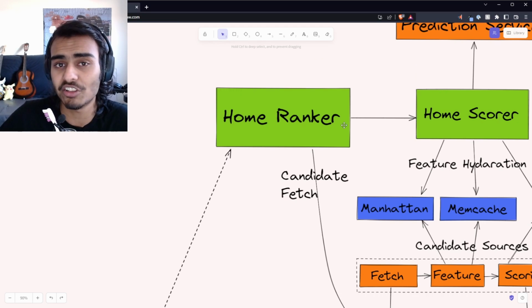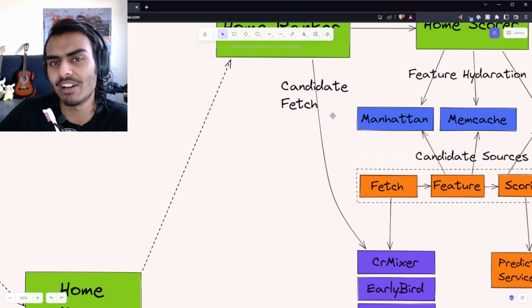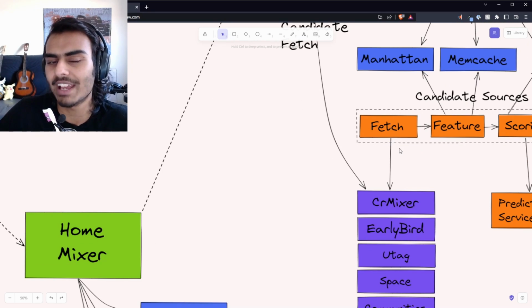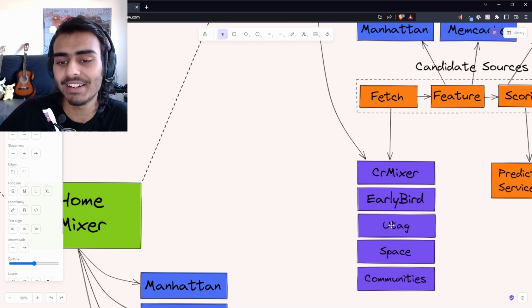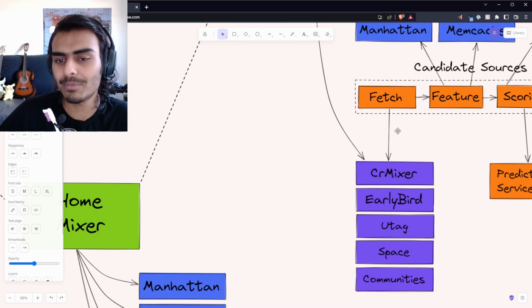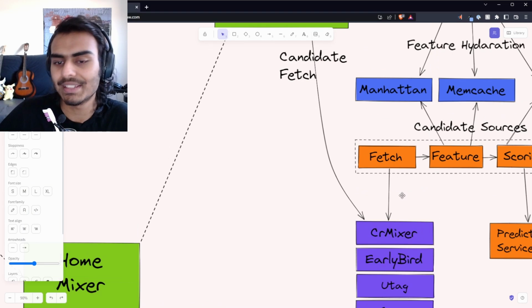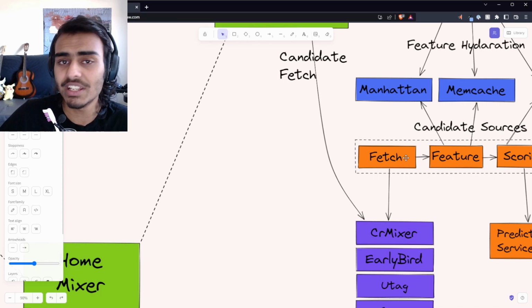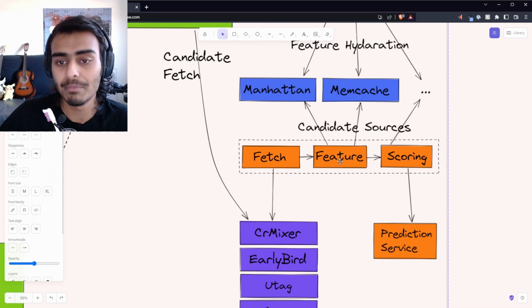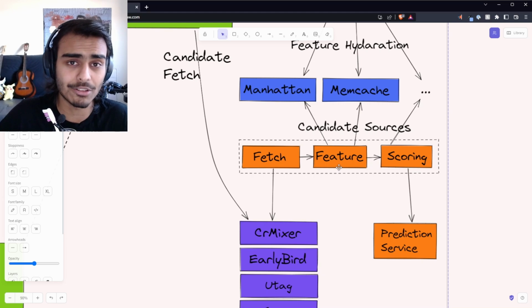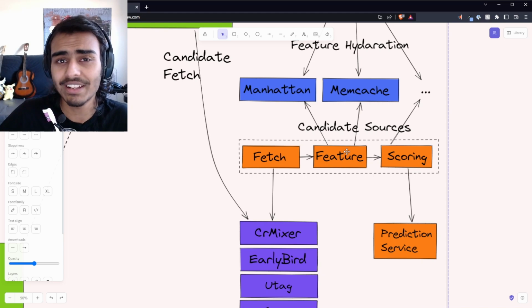Now, to achieve this mission, the home ranker first comes down to fetch a list of candidates. To do that, it requires some help of its fellow candidate generation services. So it comes down here, it enlists the help of its services, and then comes up to the fetch function. Now from here, they travel into the realm of machine learning features. But before they can go any further, they first need to get some actual candidates. So they take a turn and go into the land of the deep, dark databases.